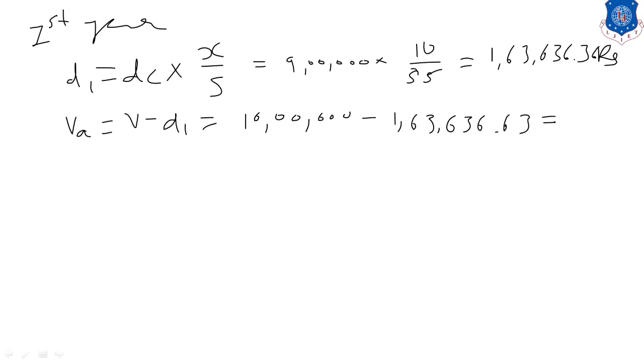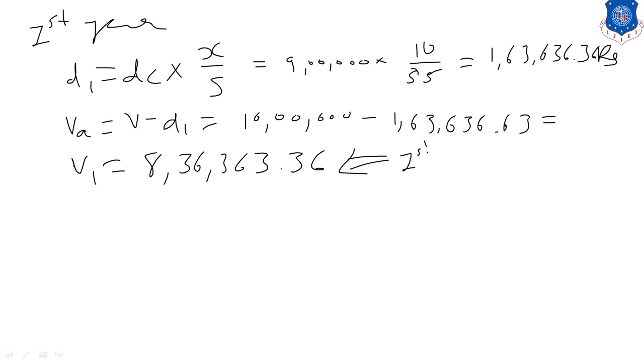So we will get the book value at the end of the first year as 8,36,363.64. This is the value of equipment at the end of the first year.